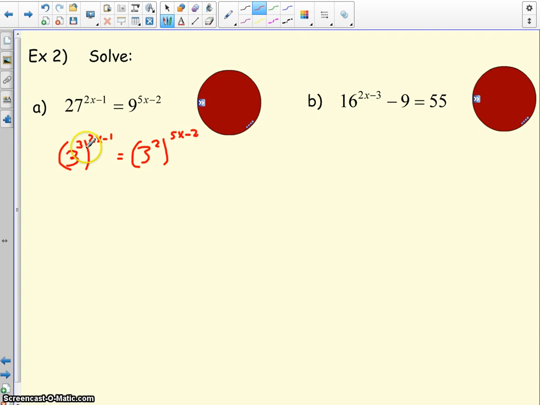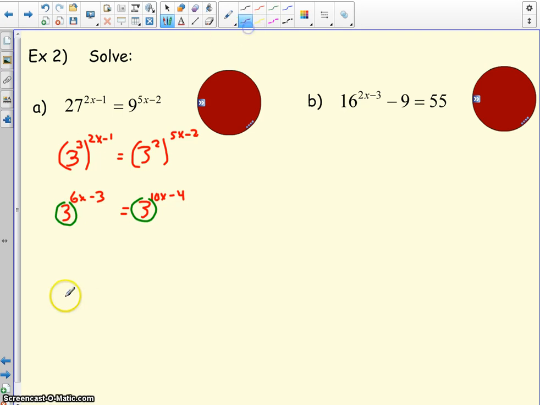If I multiply, doing power over power, 3 times 2x minus 1, I get 3 to the 6x minus 3. And on the right side, multiplying 2 times 5x minus 2, I get 3 to the 10x minus 4. So again, the reason behind doing this is now I have a single power on both sides. It's the same power of 3 on both sides. Single power on each side, I can equate the exponents.